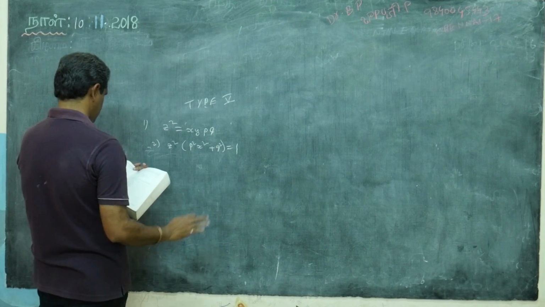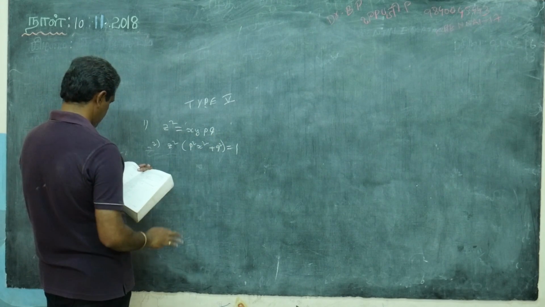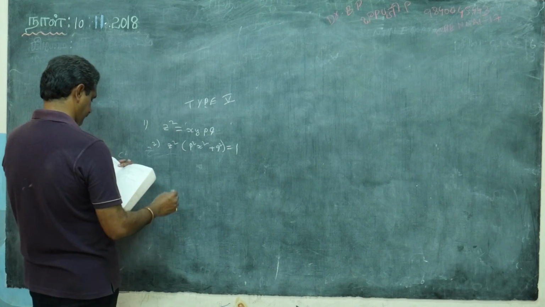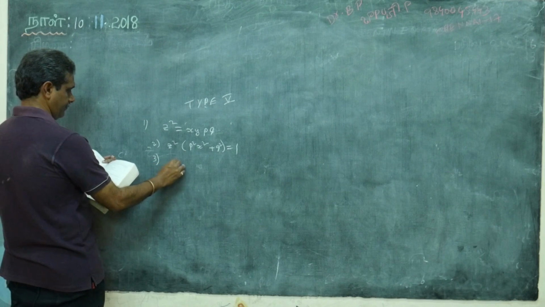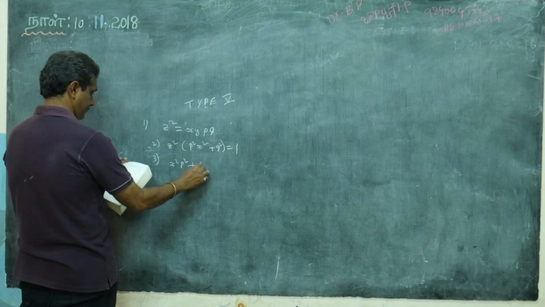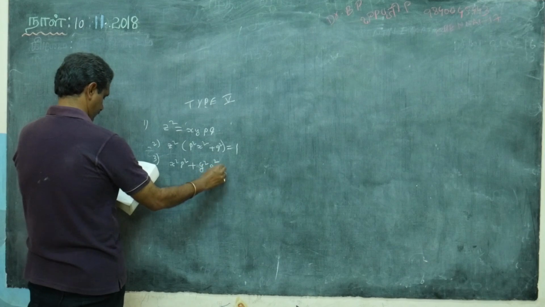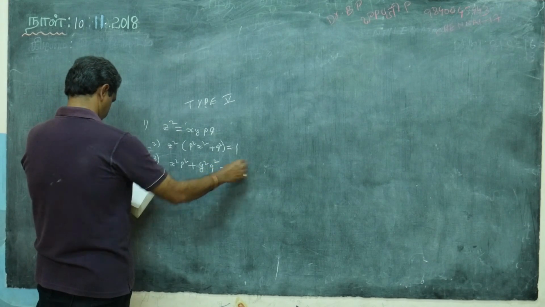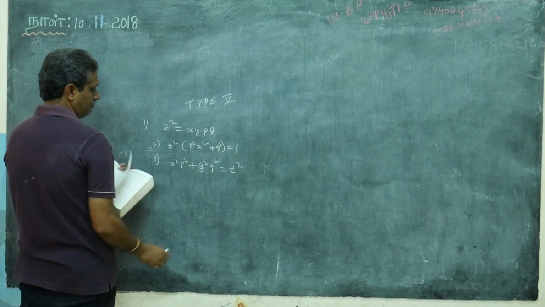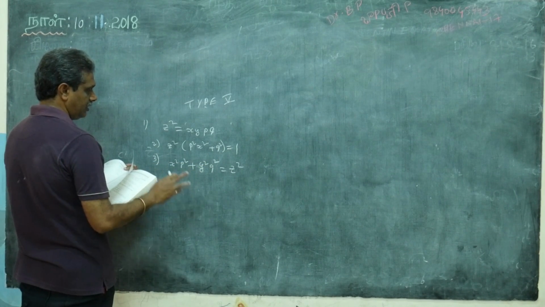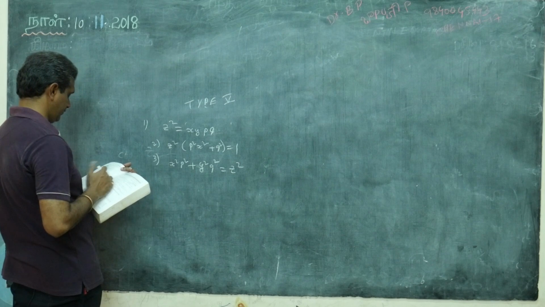This q can stay as it is. This is only the x power case, only q can keep as small q, nothing will happen. This is also xp whole square, yq whole square. Always you can remember yq, p power 1 and q power 1. Then only you will be able to attack.